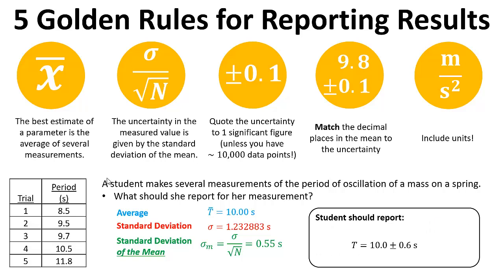Notice the features of the 5 golden rules here. I'm reporting the average. The uncertainty I'm reporting is the standard deviation of the mean, reduced down to one significant figure. I'm matching the decimal place on the average to that of the standard deviation of the mean. And I made sure that I had units. Okay, so this is how you would calculate standard deviation and report results of a measurement.